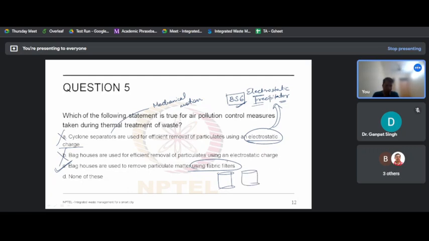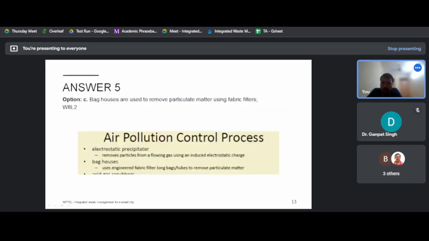The gas will simply be passed through this, and whatever particles there are will get stuck to or absorbed in the cloth. That is how a baghouse filter or fabric filter works. So option C is correct: baghouses are used to remove particulate matter using fabric filters.